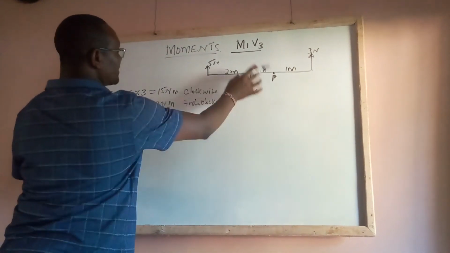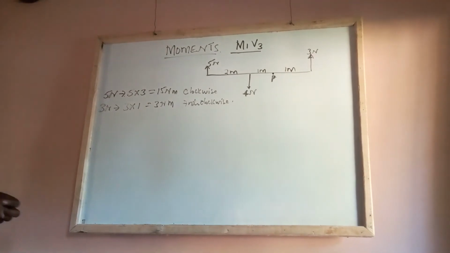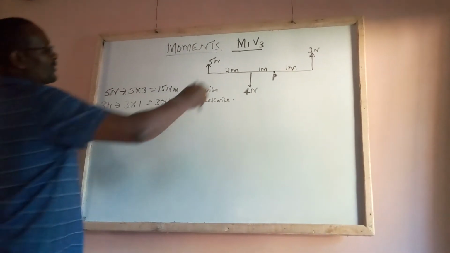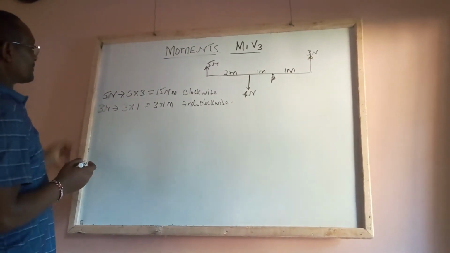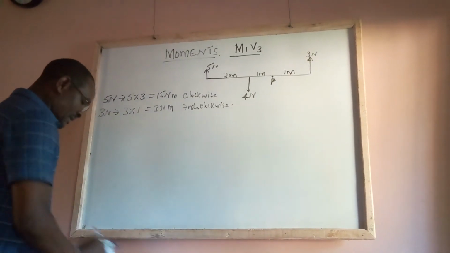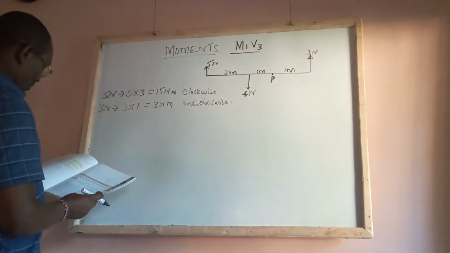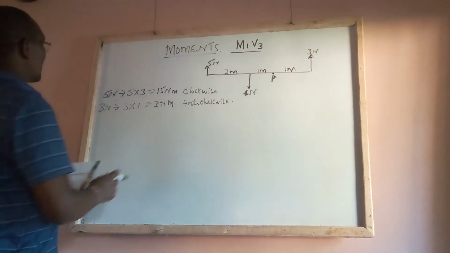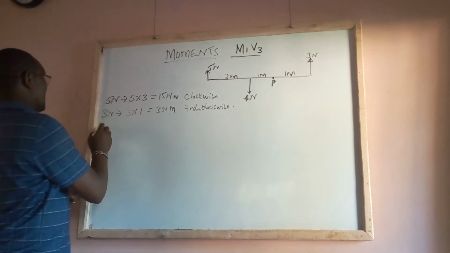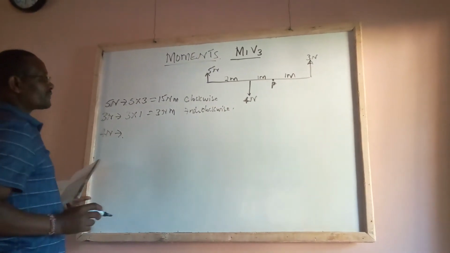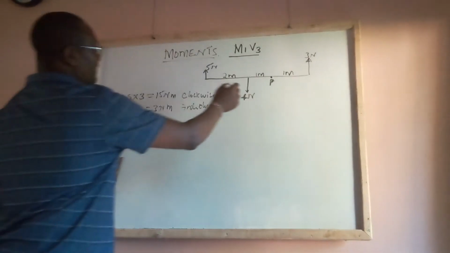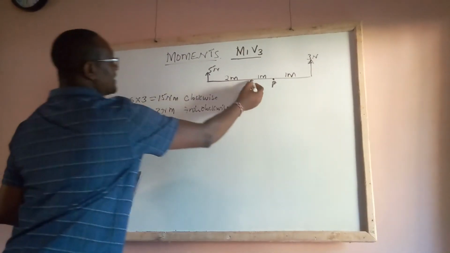What about the moment due to 4 newtons? You can see 4 newtons is going downwards. What about the distance?